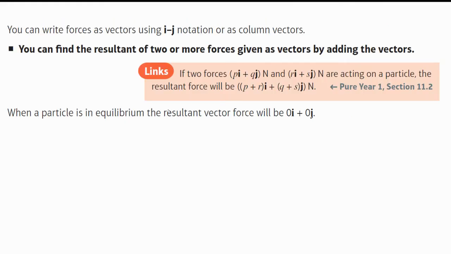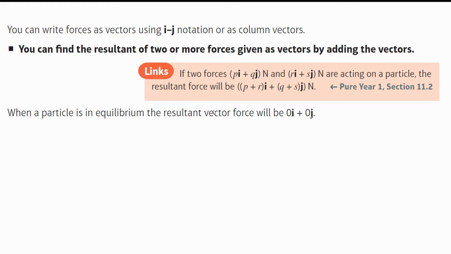Okay, so the other thing we're going to look at today is vector notation, so I and J notation. We've got column vectors as well. So if you've got a column vector, the top number is the I, the bottom number is the J. It's like vertical coordinates. And if you think about it, then anything which has got I and J notation, you could draw a little diagram, and the I's would be how far across it's going, and the J's would be how far up it's going.